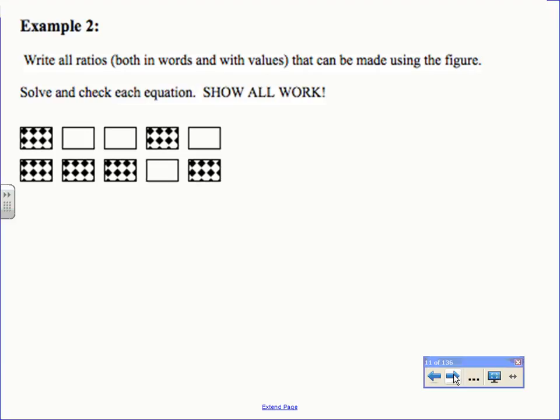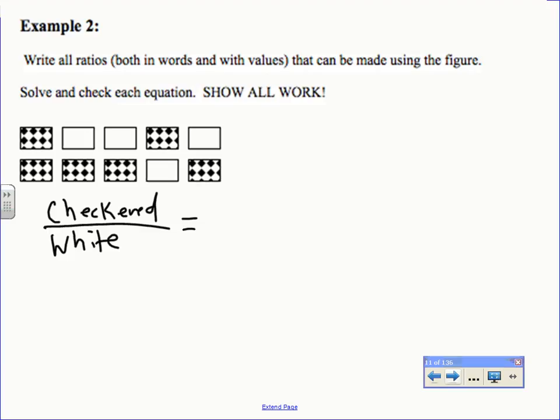Nathan S.? Checkered to blank. Okay, so I'm going to say checkered to white. So we can compare the checkered rectangles, we could call them, to the white rectangles. Okay, someone besides Nathan S., what numbers can we fill in if we're doing checkered to white?